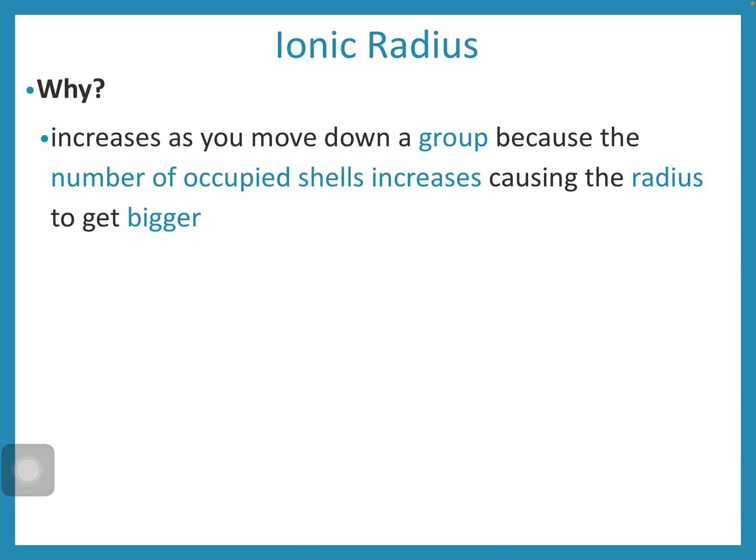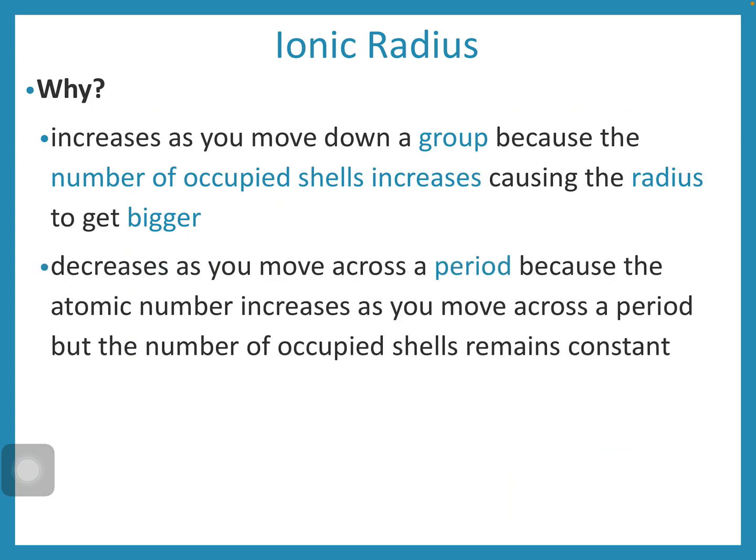So down the group, once again, probably makes a lot more sense. The further you move down the group, the more shells of electrons there are, and so the radius is going to get bigger there. And then as you move across a period, we have a decrease because the atomic number is increasing, so this is the same idea as with the atomic radius.